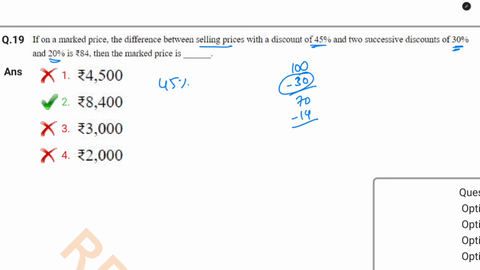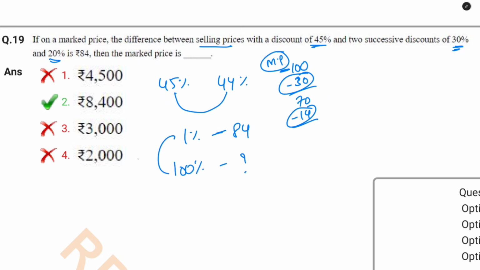So the total discount will be 30 plus 14, 44%. So the difference between them will be 1%, that is 84. So we have imagined that 100 is the market price. So 100% will be how much? So it will be 84 into 100, it will be 8400.